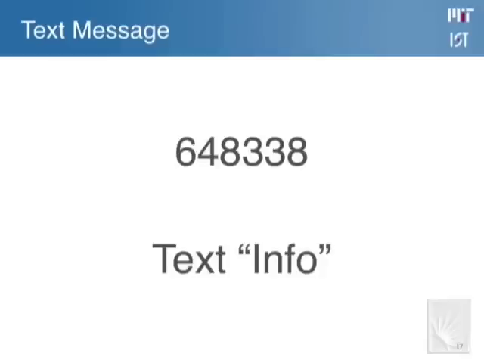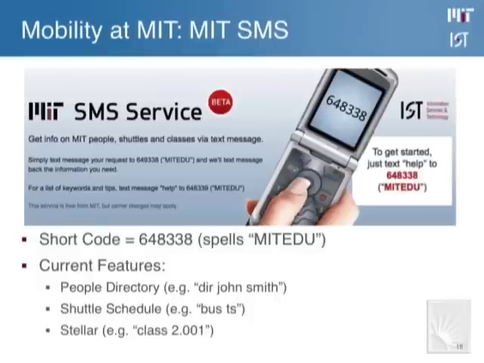So the information that's available through the mobile web is now, not all of it, but some of it, available through text messaging. So 648338, that spells out MIT-EDU on your regular cell phone dial pad. And if you text message info to that number, then you will basically get instructions on how to use the service. And our website also has some instructions on how to do so.